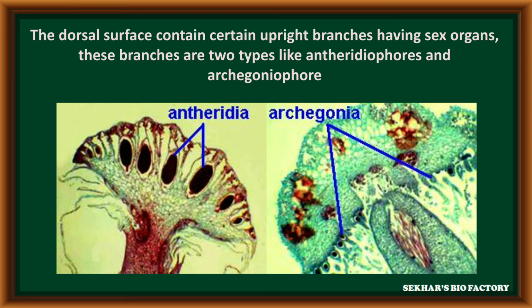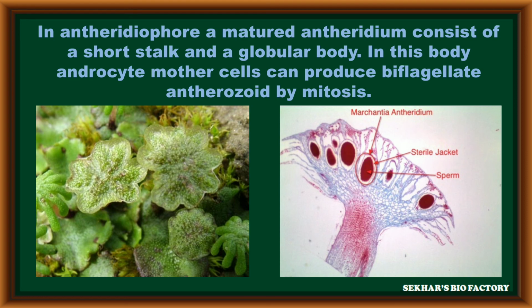These branches are of two types: one is the antheridiophore and the other is the archegoniophore. The antheridiophore contains matured antheridia. Each antheridium has a short stalk and a globular body. In this body, some specialized cells called androcyte mother cells produce biflagellated antherozoids with the help of mitosis.